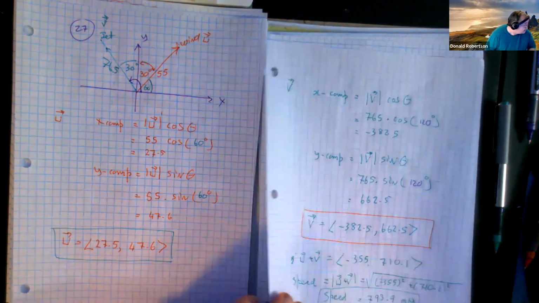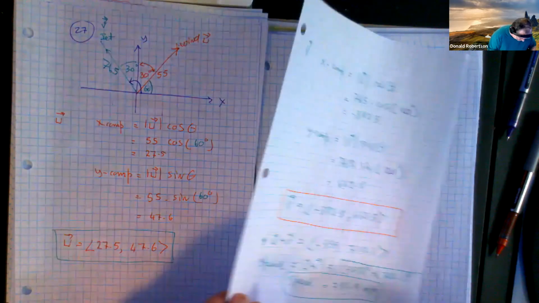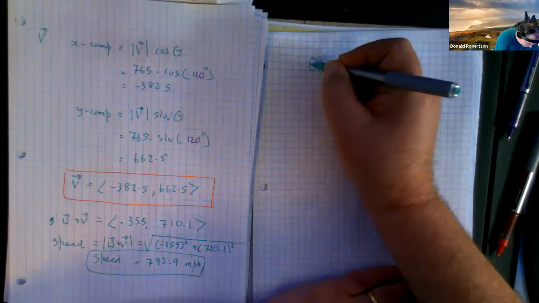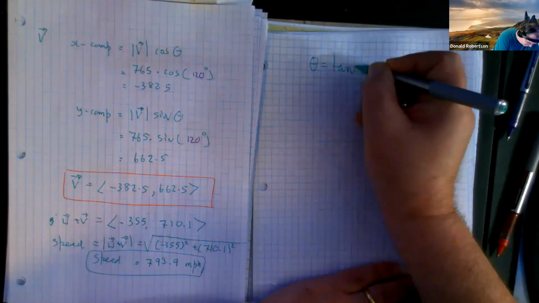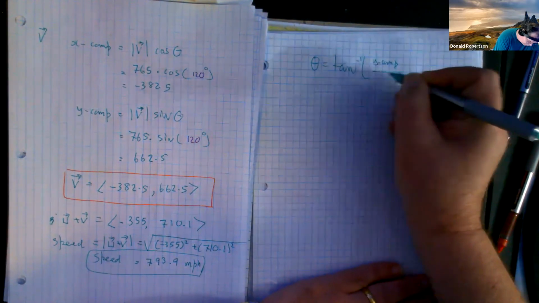Now, to get the angle, which is the last part of the puzzle, right, we're going to do theta is the inverse tan of the y component over the x component.